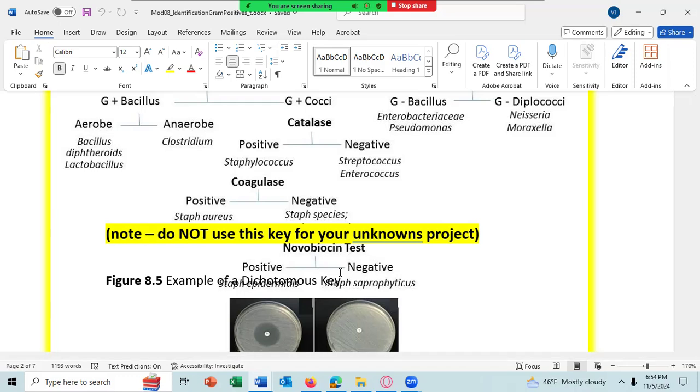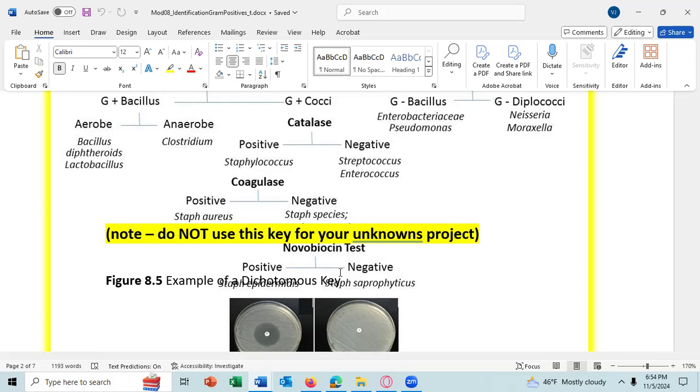Now, in your unknown project, there are a few tests where you can actually split it into three. An example would be PR glucose, where you could split it into three groups: the PR glucose negative cells, the PR glucose acid producing cells, and then the third group being PR acid and gas, or AG cells.